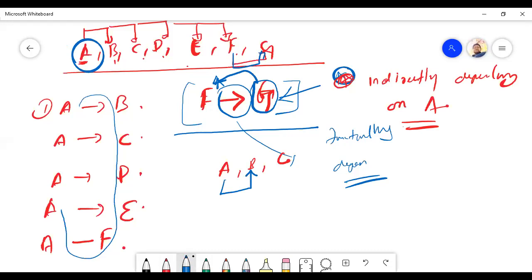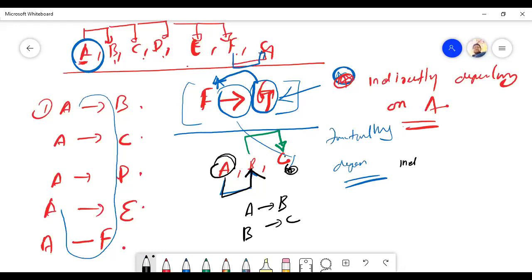B depending on A. C depending on B. Now A determines B, B depends on A, as well as C depends on B. So C is not directly depending on A. Directly means like this: B directly depends on A. C is not directly depending on A; C is depending on B, and B is depending on A. So we are telling indirectly, C depends on A, not directly.